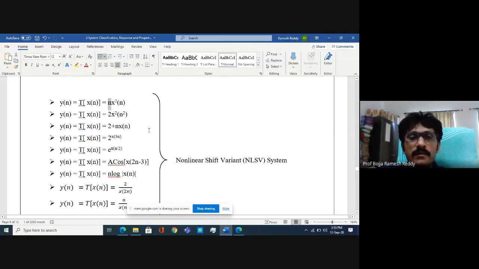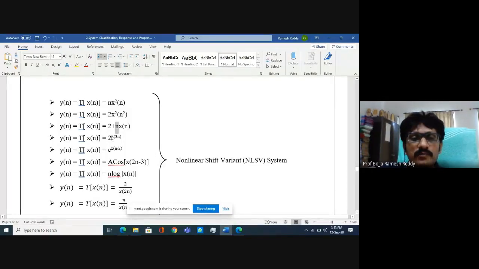Next, because of x square it is non-linear, because of n square it is shift variant. Because of the constant it is non-linear, because of n into x, because of n, it is shift variant.